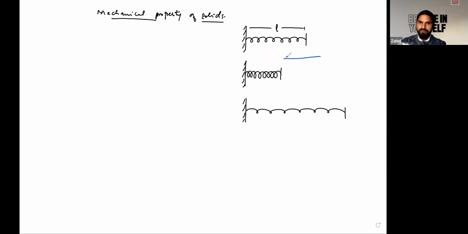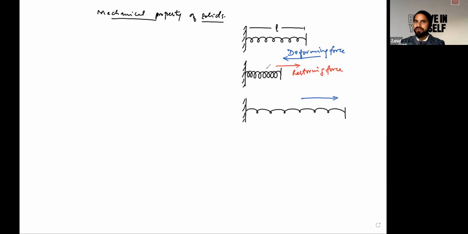So if you apply a deforming force along this direction, it may acquire this configuration, or if you apply deforming force along this direction. Now this spring has the ability to develop or induce a force opposite to this deforming force, which is called a restoring force, due to which it will tend to regain its original state or original shape if you remove this deforming force over it.